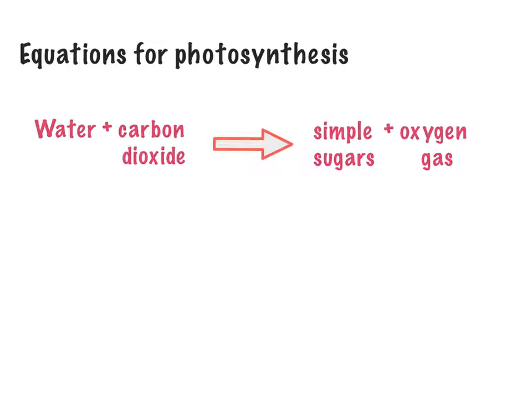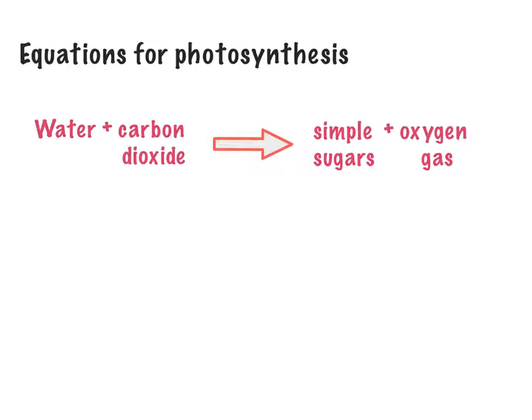We would expect you, or I would expect you, to know both of these equations we're going to go through. Now, photosynthesis is a very, very complex process, but we're going to try to break it down and keep it into something nice and simple.